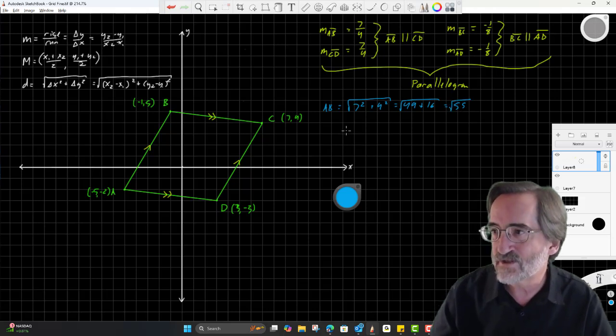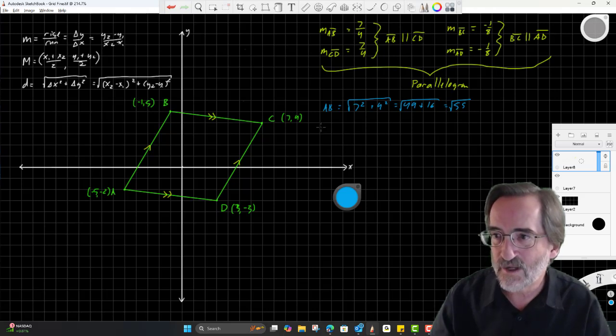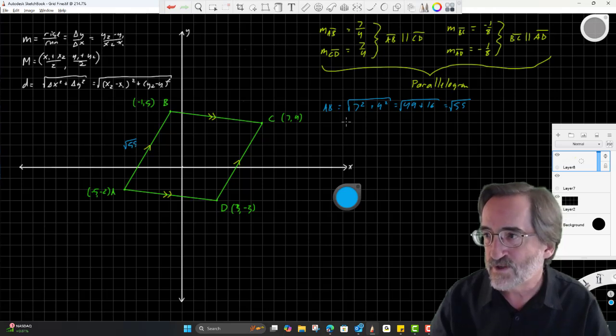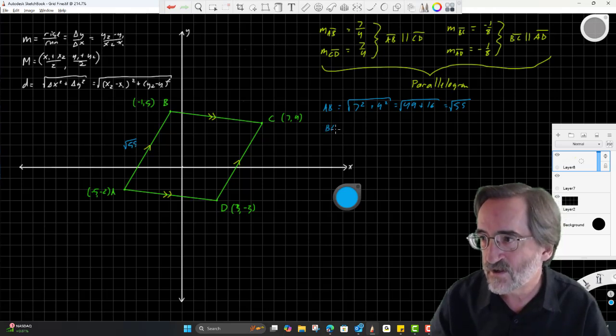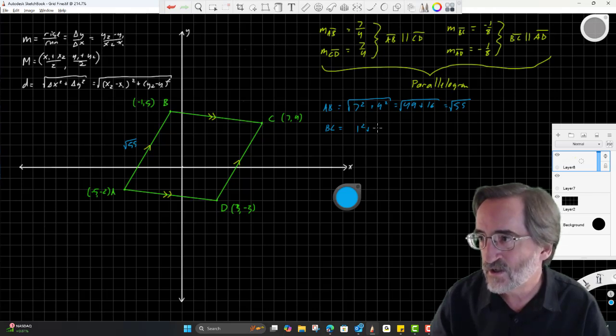Doesn't simplify since that's just 5 times 13. Okay, so the distance between A and B is root 65. The distance between B and C is down 1, so 1 squared, over 8.